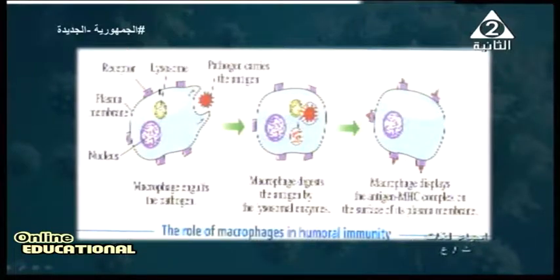This is the receptor of antigen. You can recognize it, and after recognizing, take it inside the cell. The lysosome combines with it to cause lysis, meaning killing it. Then the macrophage, after digesting this antigen by lysosomal enzyme, displays the MHC complex at the surface of the plasma membrane to get rid of this toxic or pathogenic substance.